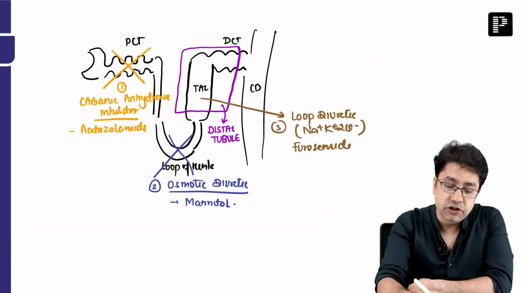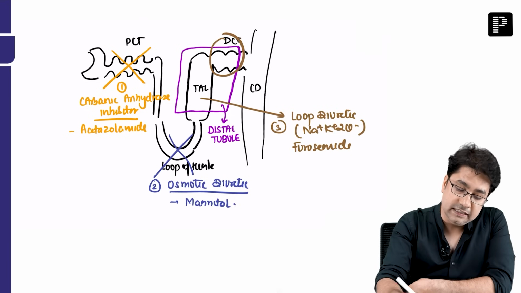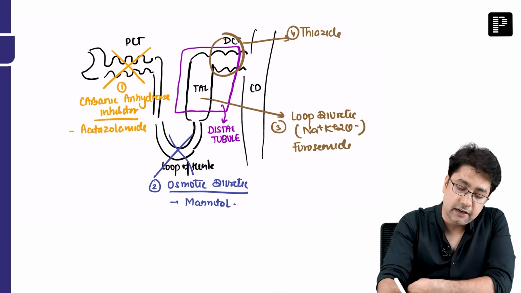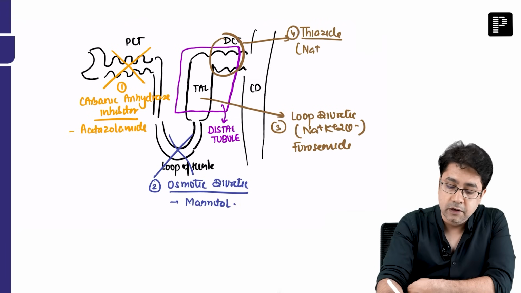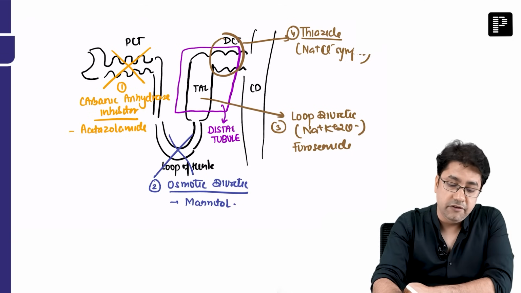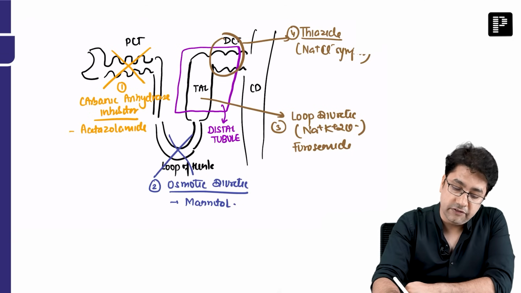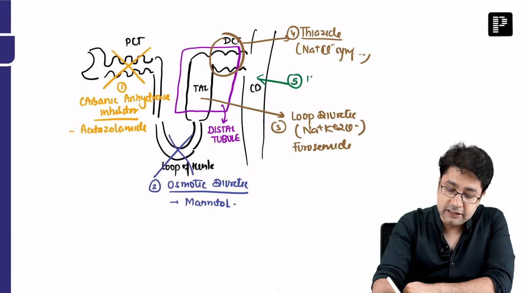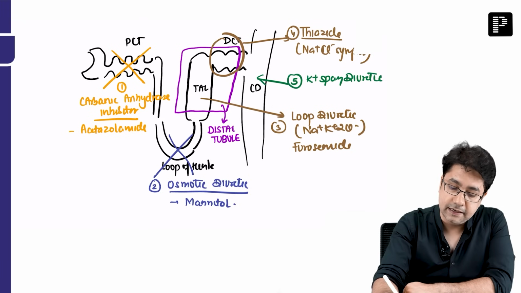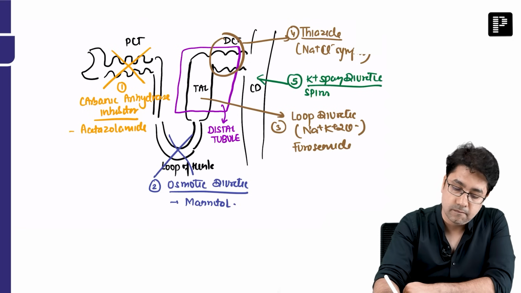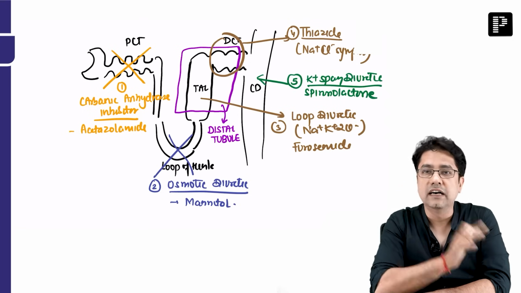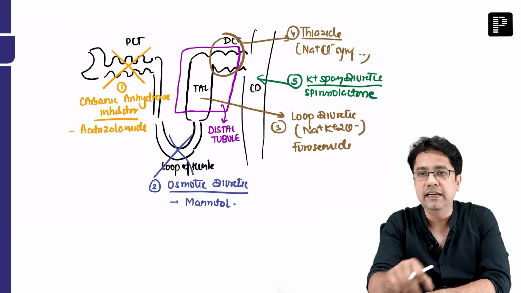In the upper portion of DCT, thiazide diuretics act, and they inhibit another transporter known as sodium chloride symporter in the DCT of the nephron. In the collecting duct of the nephron, the last diuretic, potassium sparing diuretics, act. The classical example is spironolactone. So these are the various areas where diuretics act.